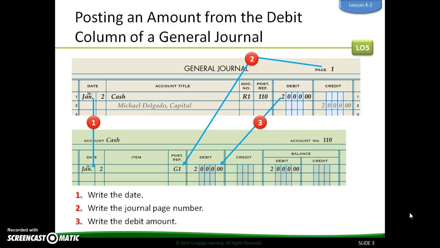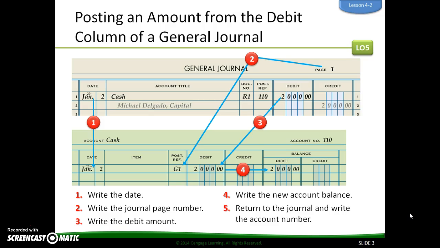So now I'm going to go ahead and put a $2,000 debit in the ledger. I'm going to go ahead and write my new account balance, $2,000 in the debit. And I'm going to go ahead and return to the journal and write the account number on the top of my ledger page. So I went ahead and started this general ledger for my cash account.